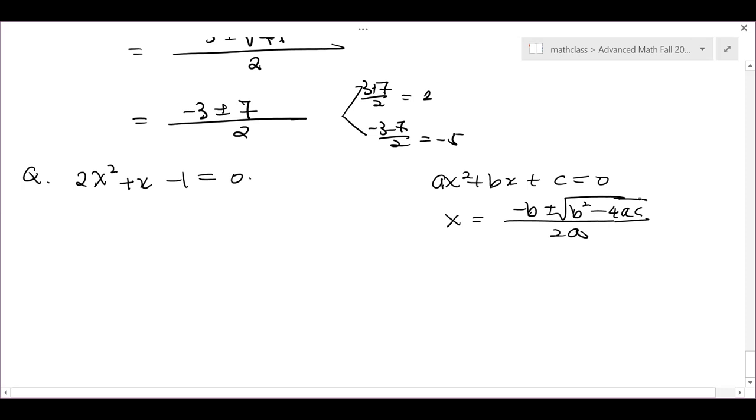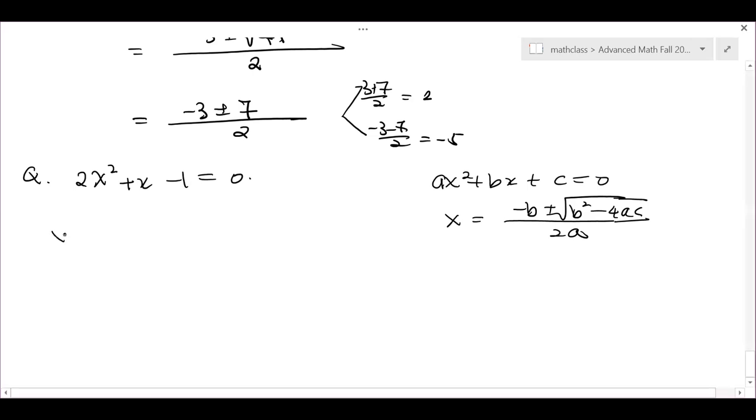If you use the formula, you don't need any tricks to get solutions. You just look at the numbers and plug into the formula. But I do wish you to learn how to get this formula, and to get this one we use the so-called completing the square.